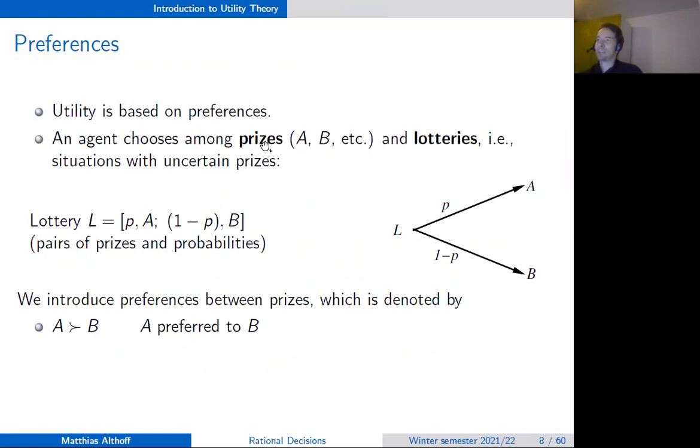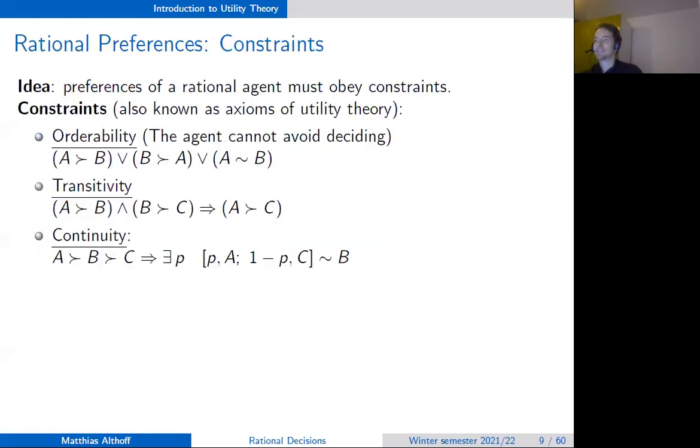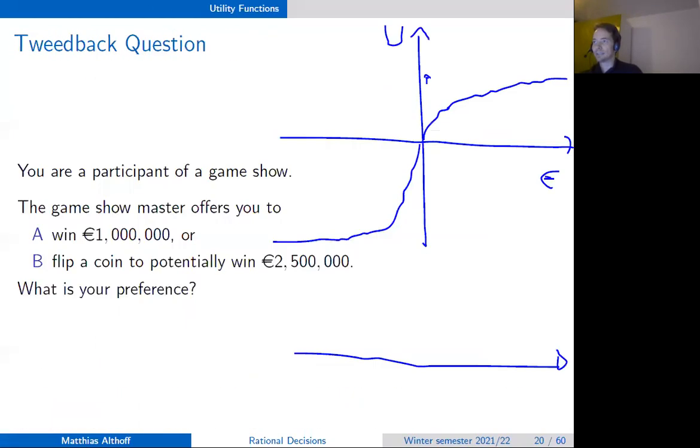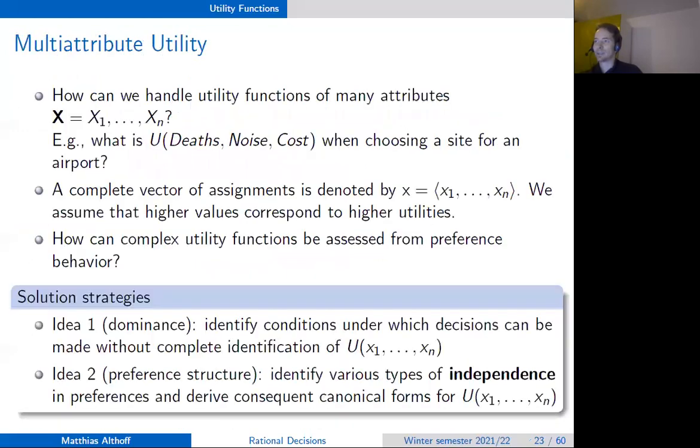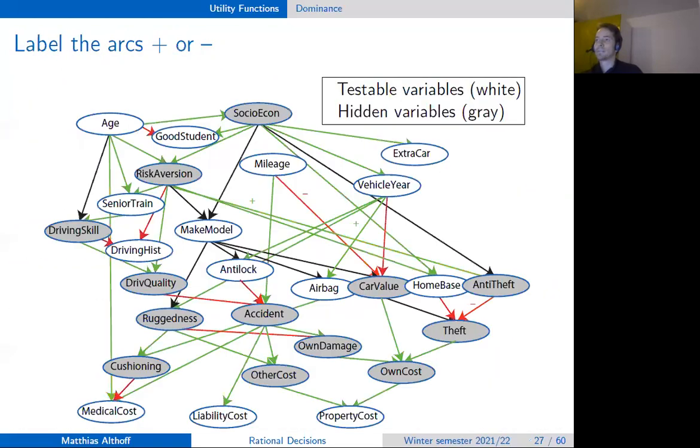So if you have a prize, you get something for sure. And in a lottery, you get something only with a certain probability. And in the first case, we just talked about prizes.